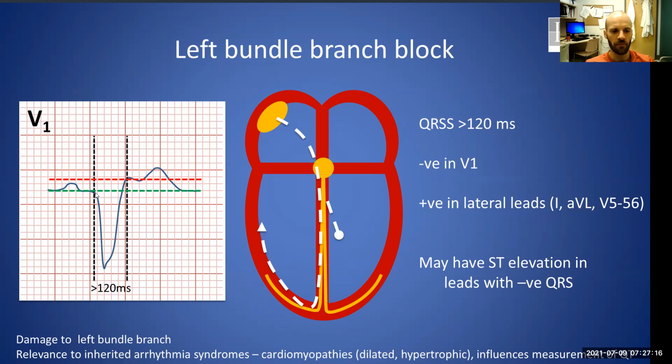The QT interval is from the start of the Q wave to the end of the T wave. If you've got a broad QRS complex caused by a left bundle branch block, this is going to prolong your QT interval, but merely by prolonging depolarization rather than affecting repolarization. So it's important to recognize a bundle branch block and mention that when you're interpreting QT intervals.